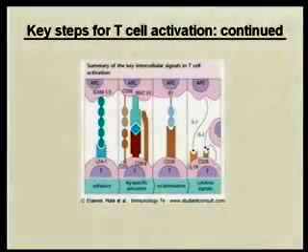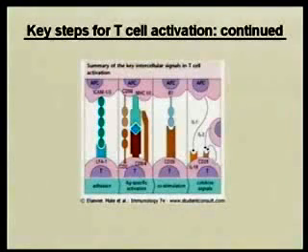Shown here again is just a cartoon of the key steps involved in T cell activation. So it's not just simply processing and presenting an antigen to the T cell. In addition to that, there are a number of other processes that must take place in order for the T cell to actually become activated. One of the first steps is the adhesion of the T cell with the APC. So something has to stop them, something has to allow them to bind to one another.